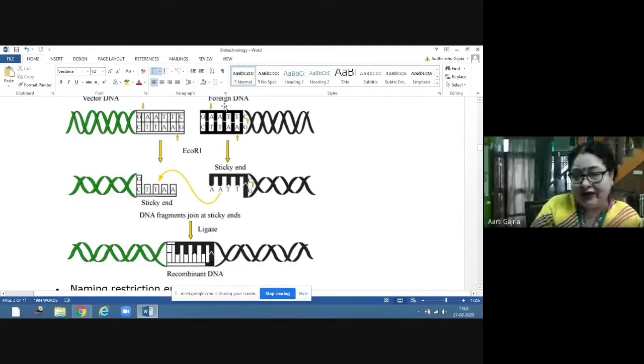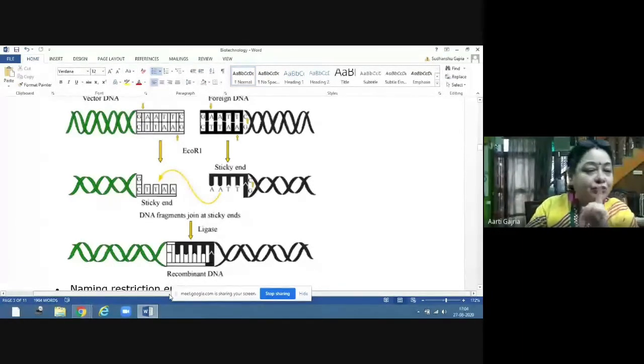This was our desired gene, and we have mixed it into the vector genome. Now this recombinant DNA will make several copies. That is called cloning.